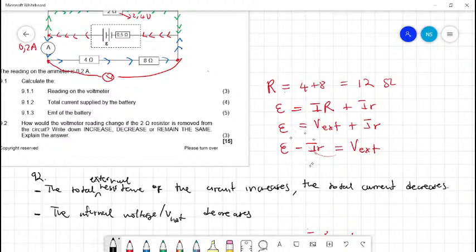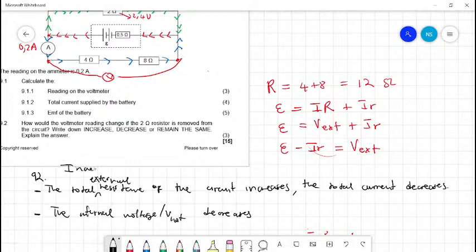If the V loss decreases, it means that you're going to subtract a lesser value from the EMF to get the V external, which is the voltmeter reading. If you are subtracting a lesser value from a constant EMF value, the V external therefore will increase. So the correct answer here is increases.